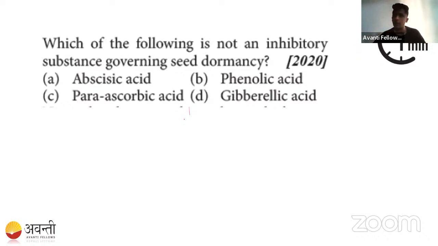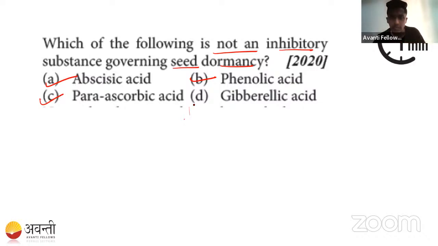The question asked is which is not an inhibitory, which does not inhibit seed dormancy. If you see the options here, the abscisic acid, phenolic acid, and para ascorbic acid, they all govern in inhibiting seed dormancy.